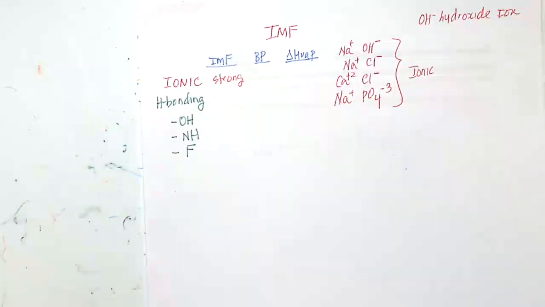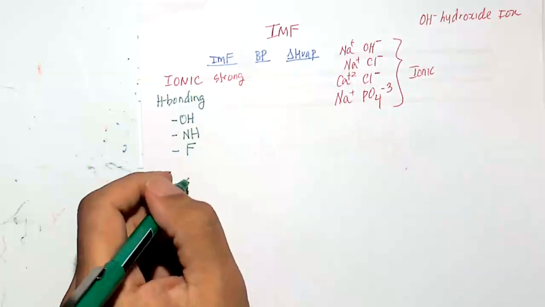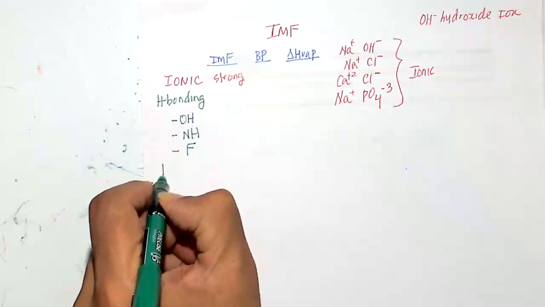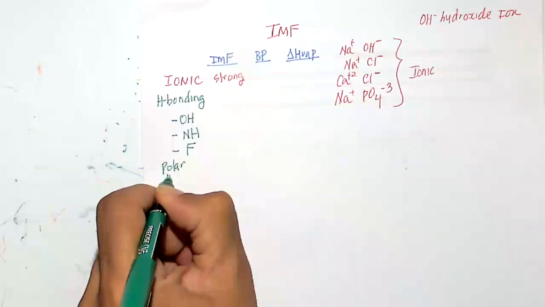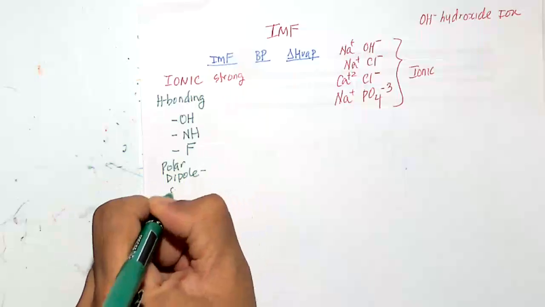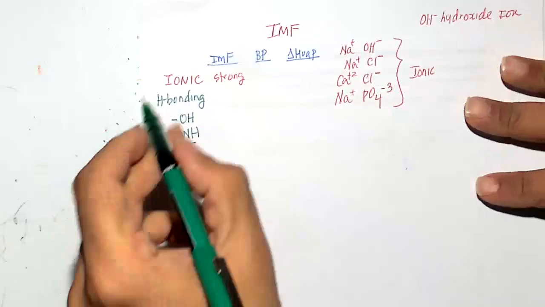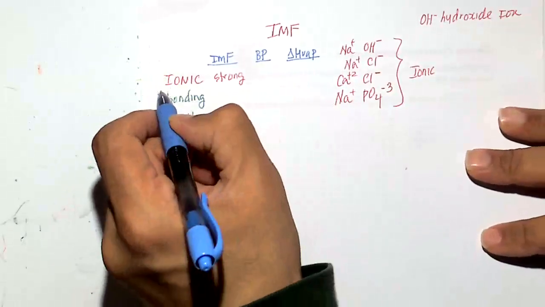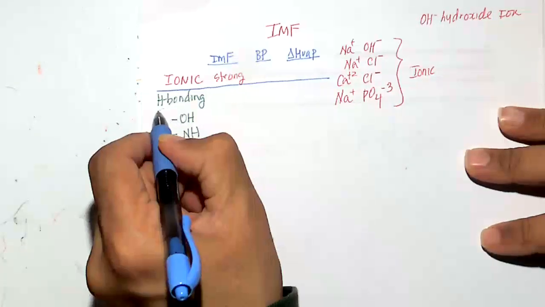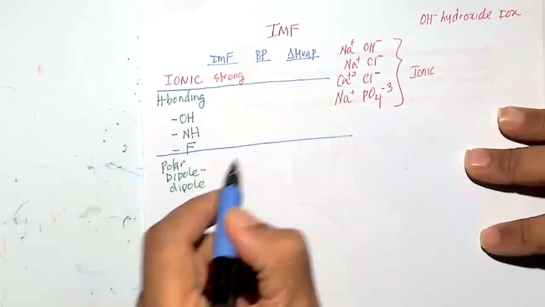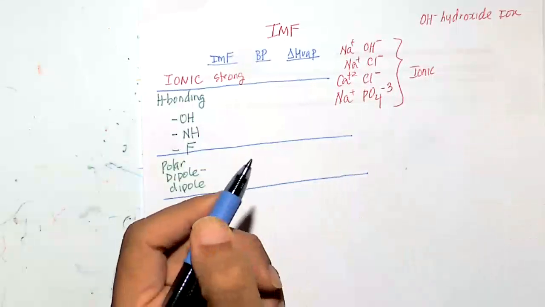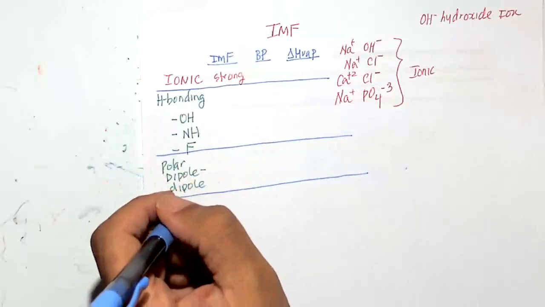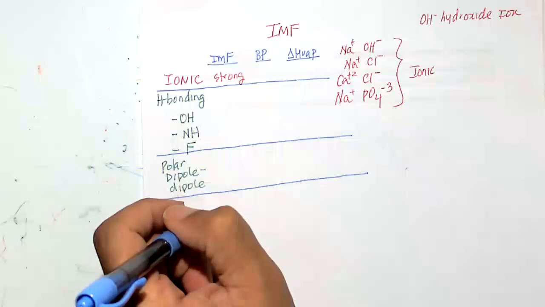What's next after hydrogen bonding? It's polar or dipole. And then what would be the weakest?